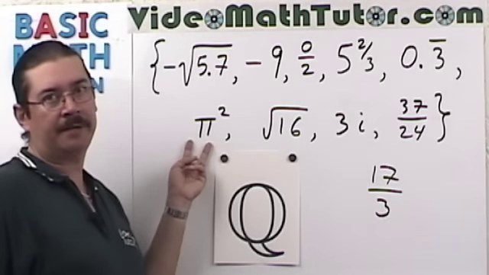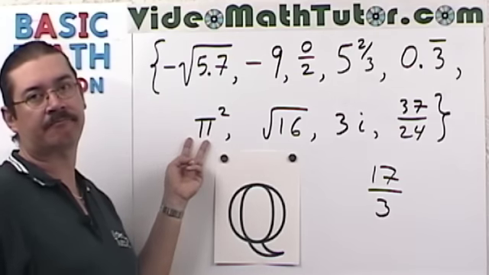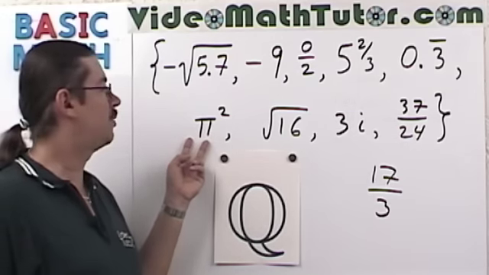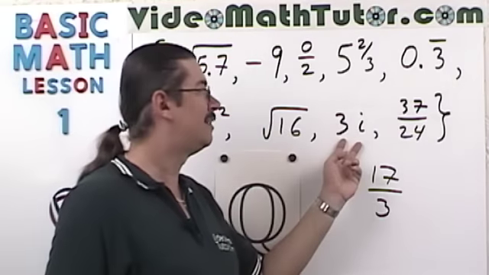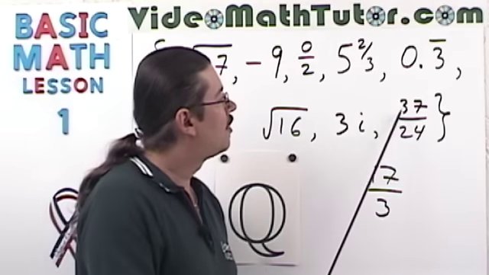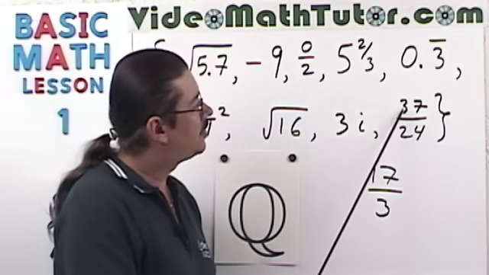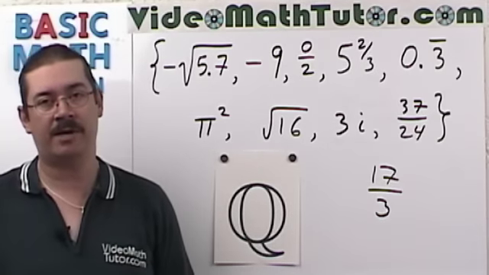Pi squared, no, that's not going to be rational, because pi itself is irrational, so its square is just more of a mess. And look at this guy right here. 37/24. That's an integer divided by an integer, so that is also a member of the rational numbers.